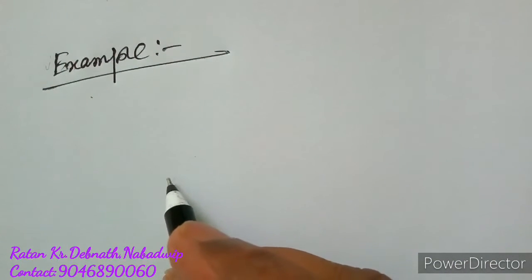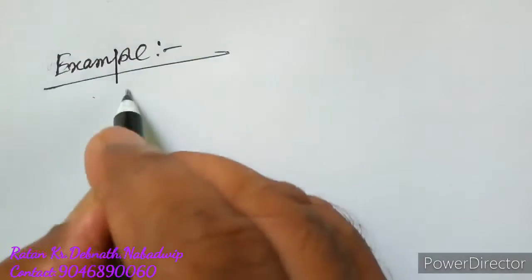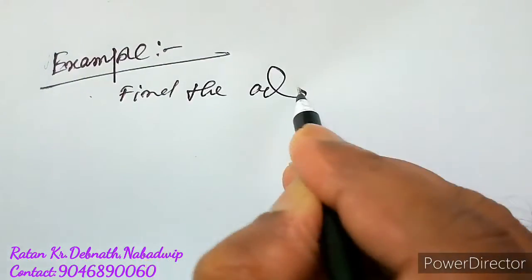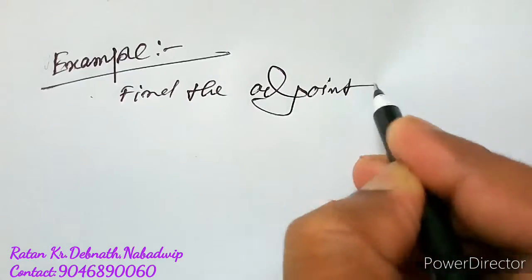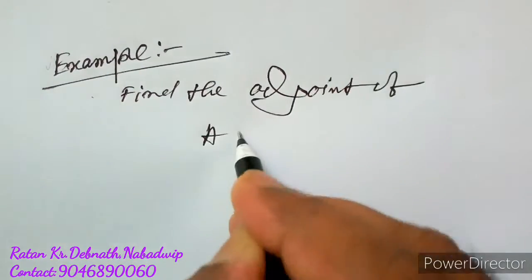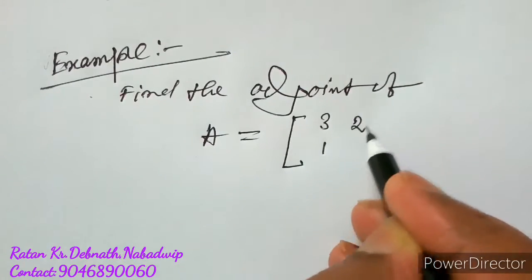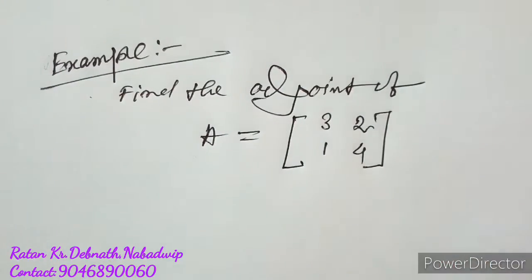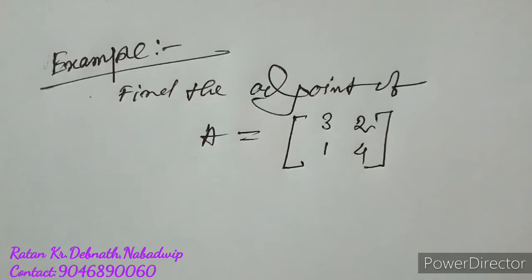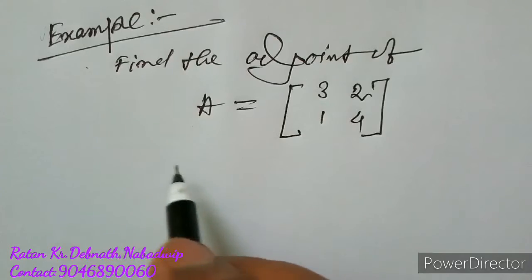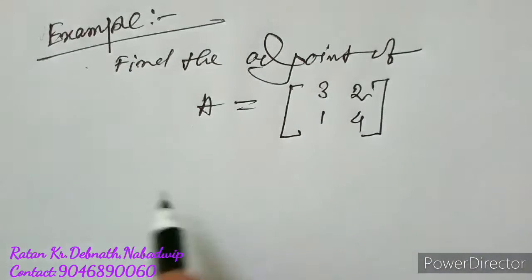Find the adjoint of matrix 3 1 2 4. First of all, we have to find out the cofactors.